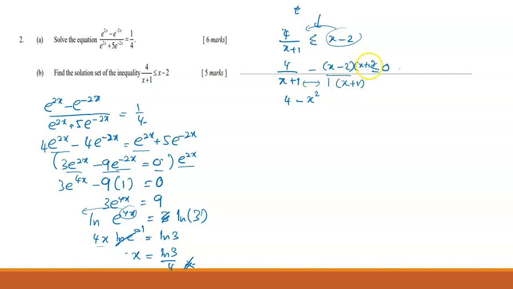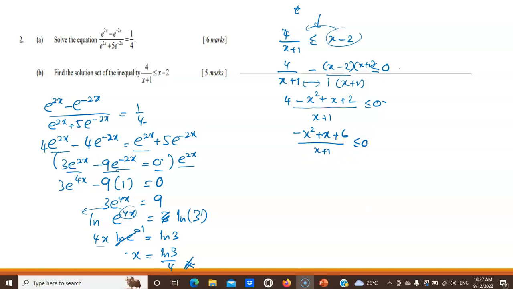Negative x times 1 is negative x, negative 2 times x is negative 2x, plus 1x equal to negative x. Negative 2 times 1 equal to negative 2, times negative is positive 2. Divided by x plus 1 less than or equal to 0. Then we have negative x squared plus x, 2 plus 4 equal to 6, divided by x plus 1 less than or equal to 0.